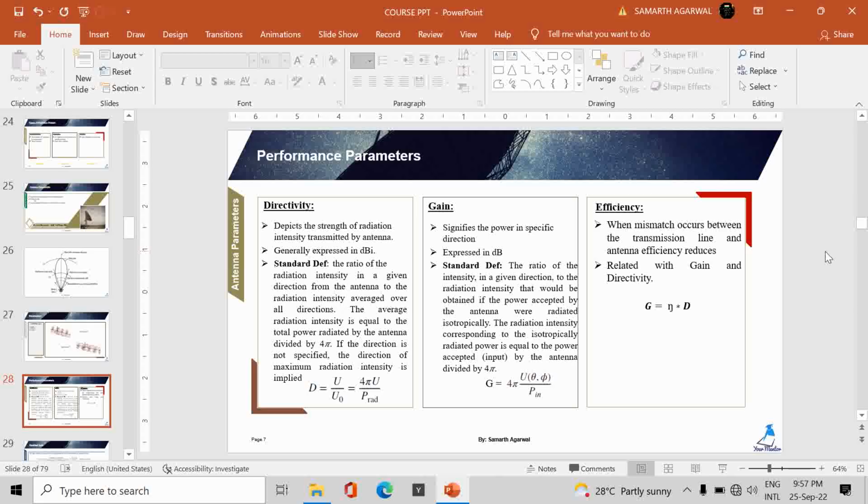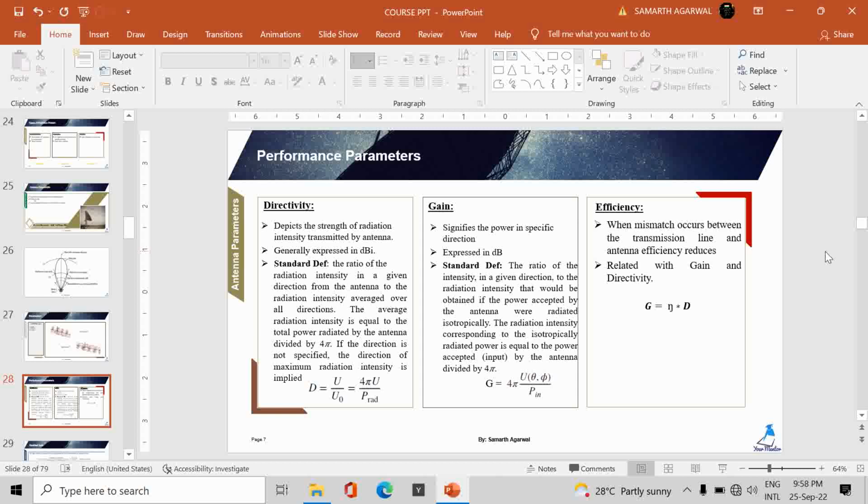Then further, efficiency. Other formulas are also there, but this is just a rough definition. I have already told that maximum power will transfer if the load impedance is equal to the source impedance.